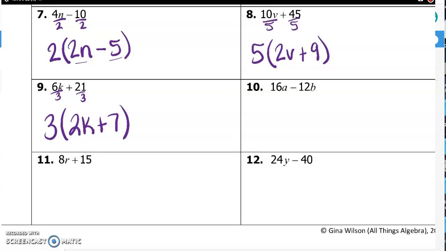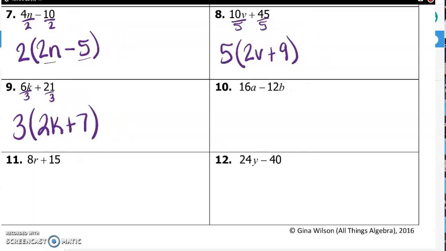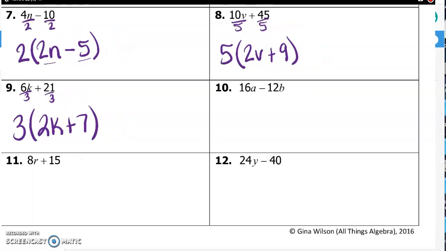Now I'm going to show you how you can go through this a couple different ways on number 10. 12 doesn't go into 16, but I know that 2 goes into both. So let's say I write out 2. That would give me 8a minus 6b.